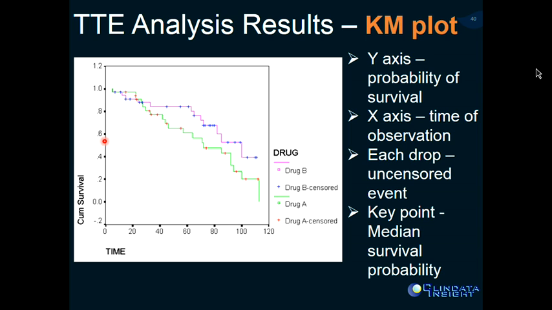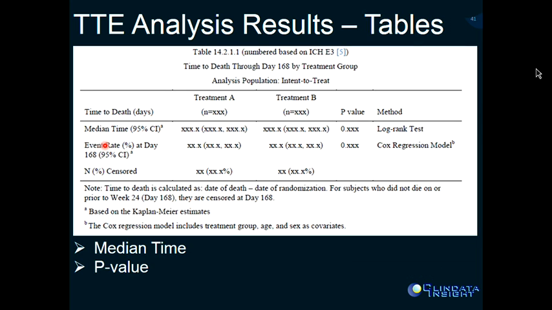The key point about this Kaplan-Meier curve is how wide apart these two curves are and how consistent, especially at the median level. Another example is a table. Usually we create this table using the p-values.